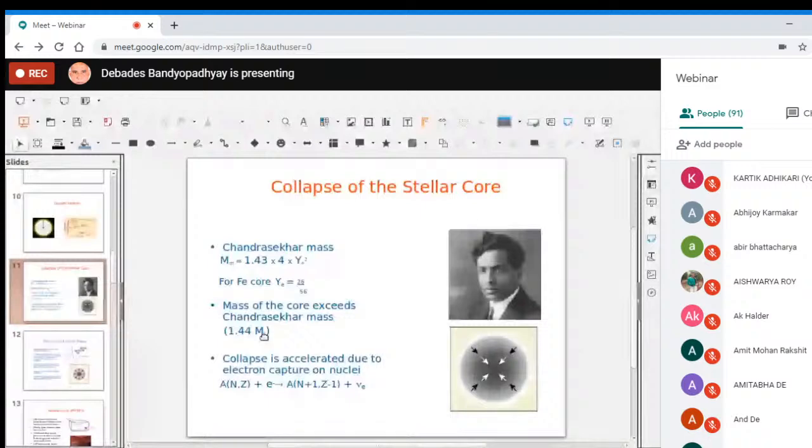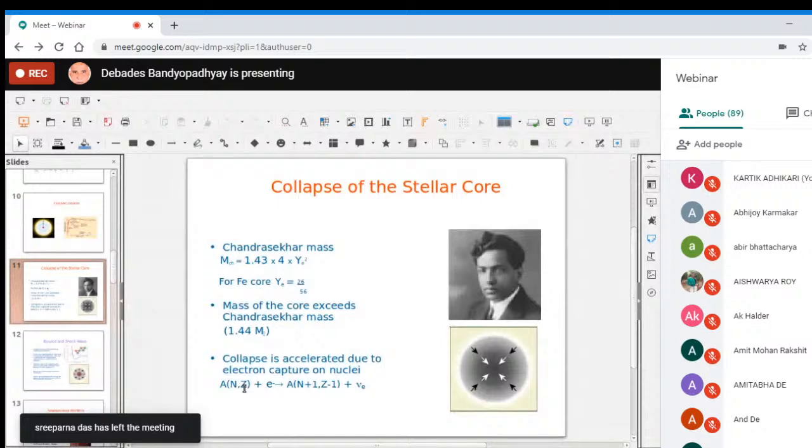Now, the question is whether the electrons in the iron core can give sufficient pressure to balance this gravitational force and prevent the collapse. But we'll see that that is not possible, because it is such a dense medium in the core that these electrons will be captured by various nuclei present inside the core.